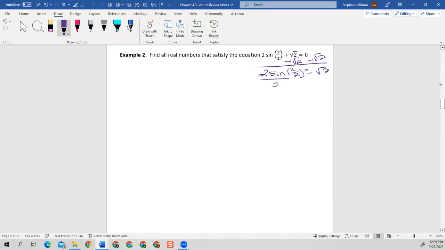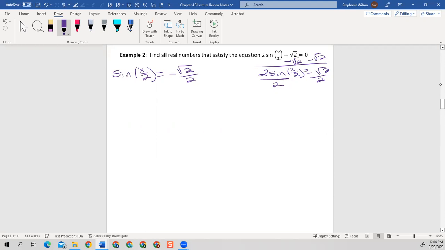Then I'm going to divide by this 2. So now I have sine of x halves is equal to negative square root of 2 over 2, right? So far, so good. All right, so looking at this, we know that my a is not 1, it's not negative 1, it's not 0, it's not greater than 1.